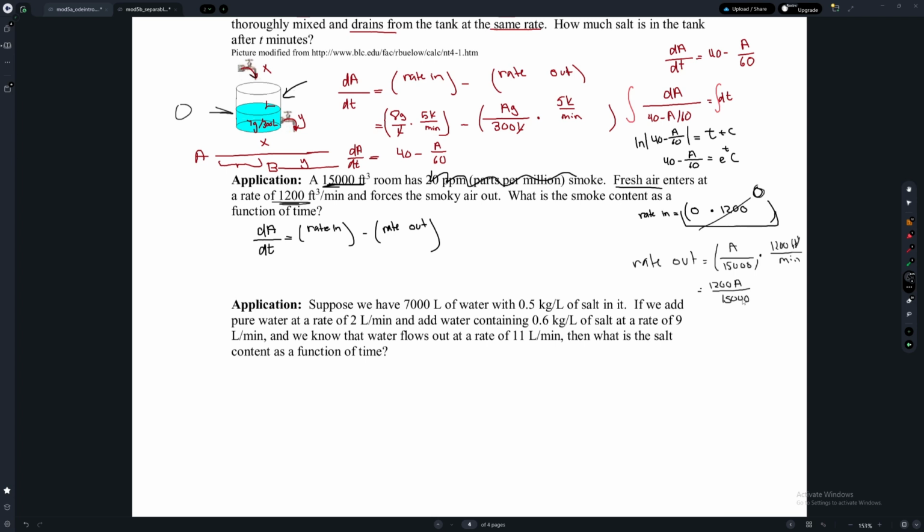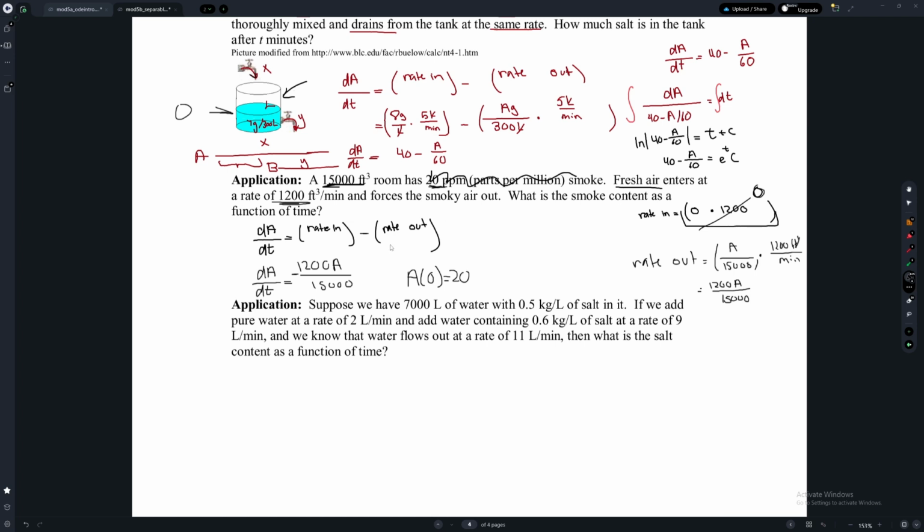And that was my equation, with a negative. So our dA over dt equals 1200 A over 15,000. And don't forget, this is a minus, so we're going to keep the minus here. And our initial A at 0 is 20.